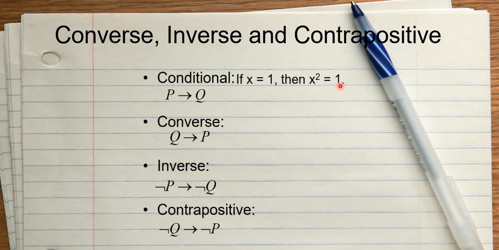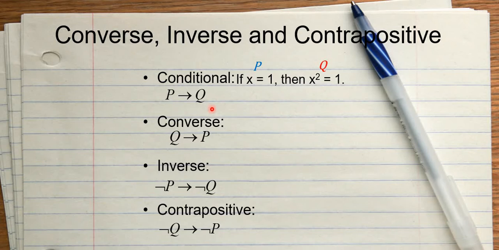Say for example, we have the conditional statement: if x equals 1, then x squared equals 1. If we're going to have it as the conditional statement P implies Q, we can say that x equals 1 is our statement P, and x squared equals 1 is our statement Q.